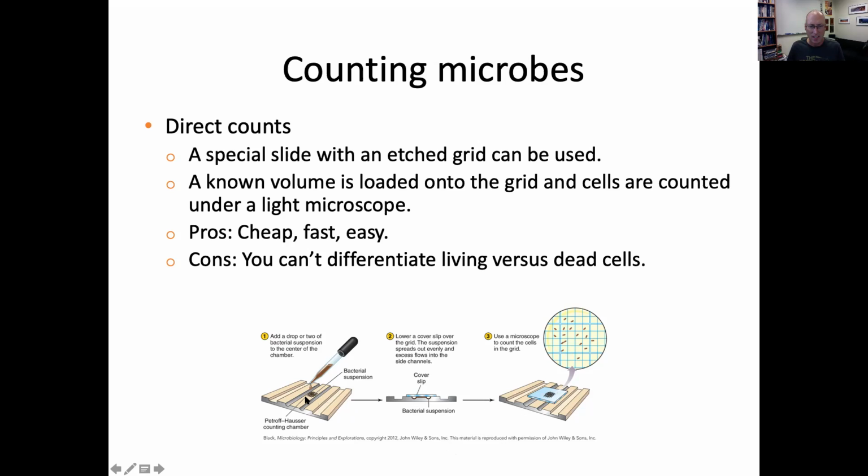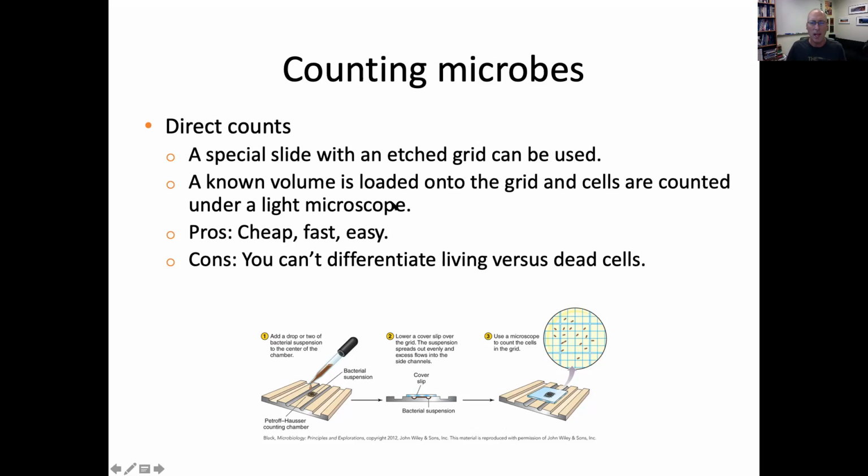This slide has etched into it a grid where the grid markers are a known distance apart. And then when you put the glass slide down on top of it, the glass slide is also held a specific distance above the slide itself, so that you have essentially a three-dimensional grid with a known volume that you're counting is the bottom line.